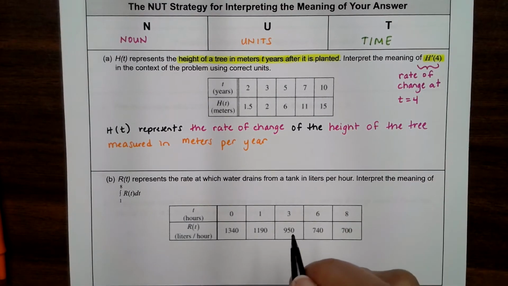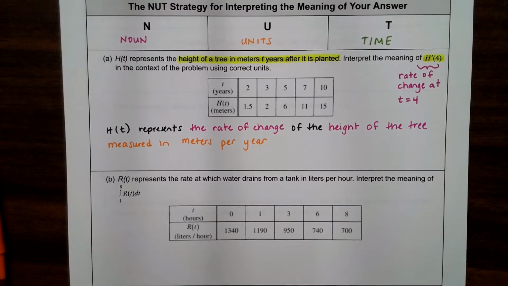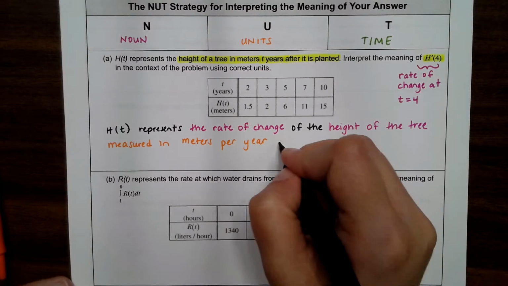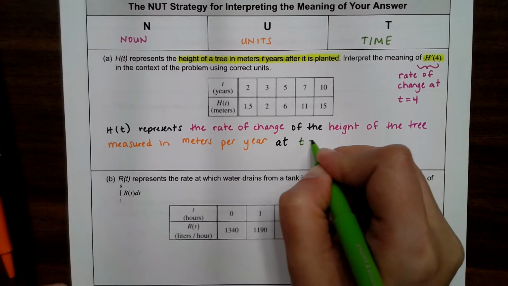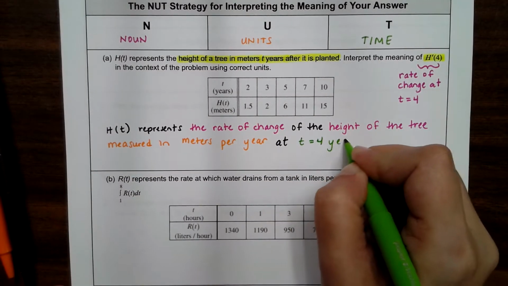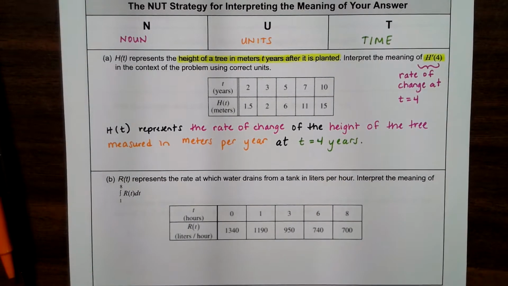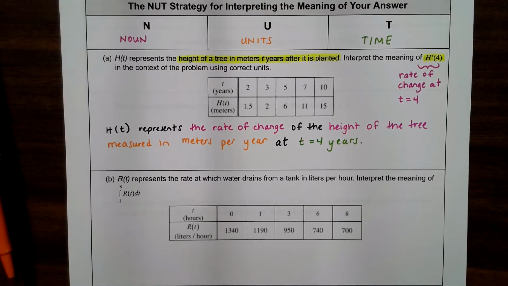Since this time is at 4, it's not over an interval, it's specifically at 4, we would say at t equals 4 years. So we have a noun, it's the rate of change of the height of the tree, the units measured in meters per year, and the time at t equals 4 years.